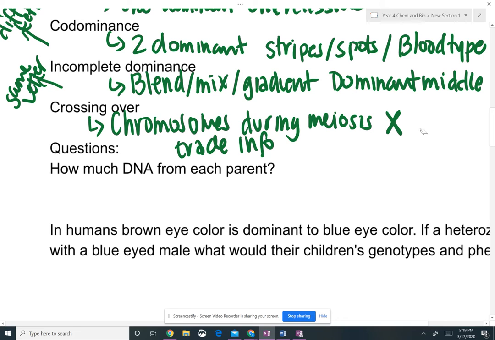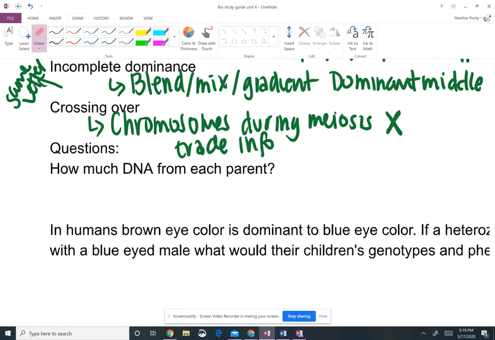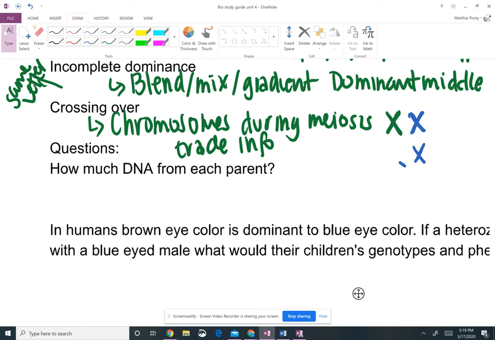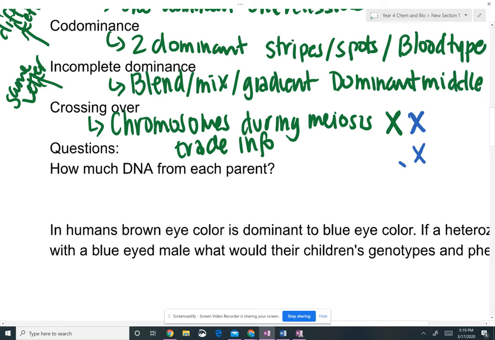So we have our two chromosomes that are homologous, side by side like this. Then after crossing over, they will exchange a small piece of DNA, and they trade some of these genes with each other.